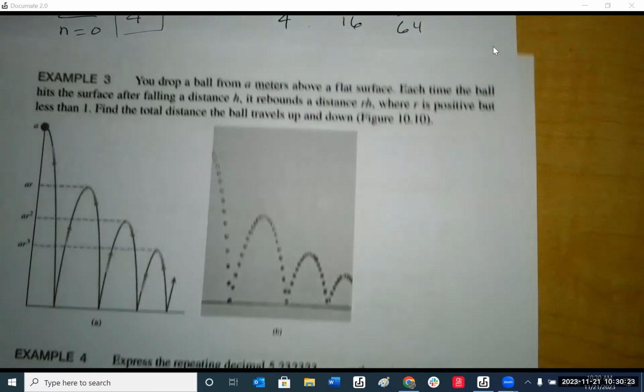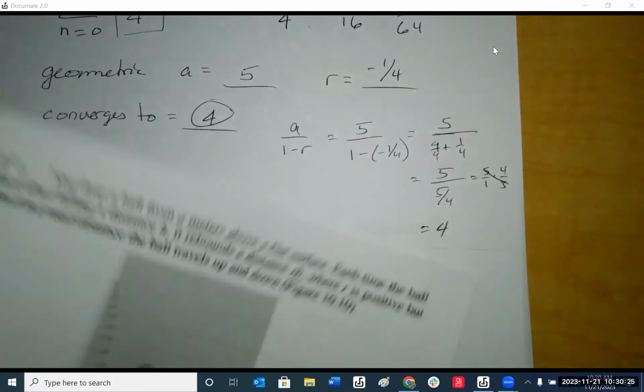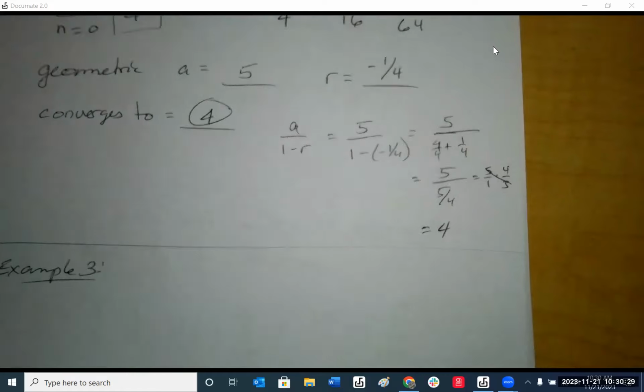All right, so let's start. What do we know from this question so far?